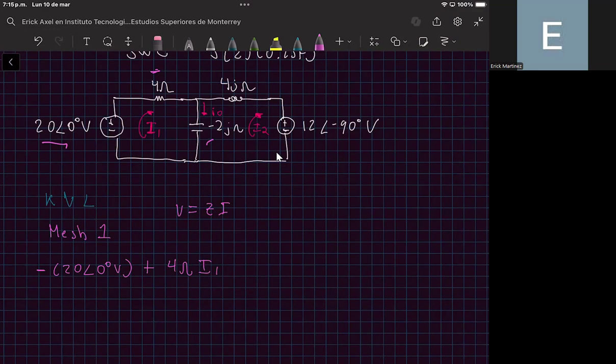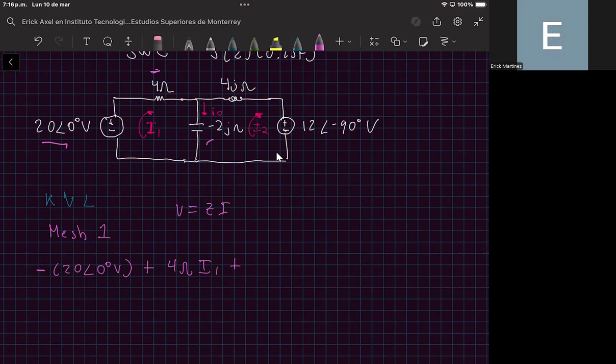okay? Now, we need to compute the voltage of this inductor, okay? And we can say that the voltage in this inductor is equal to the current I0 times the impedance, okay? You can see that the I0 current is flowing through the capacitor, and in order to compute the voltage of the capacitor, we need to compute the value of this current times the impedance, okay?